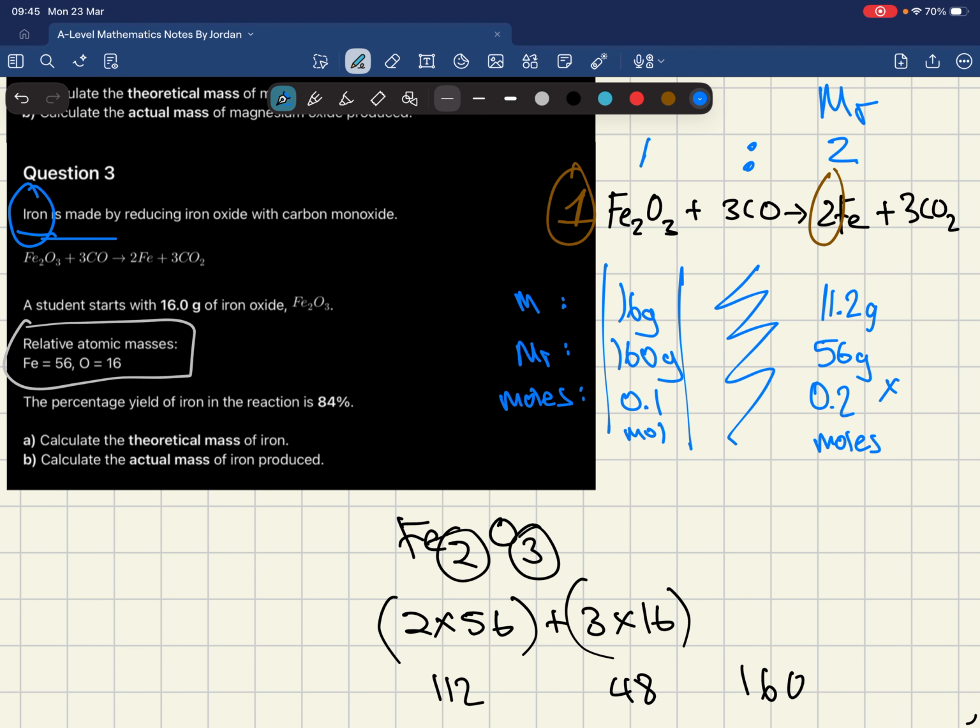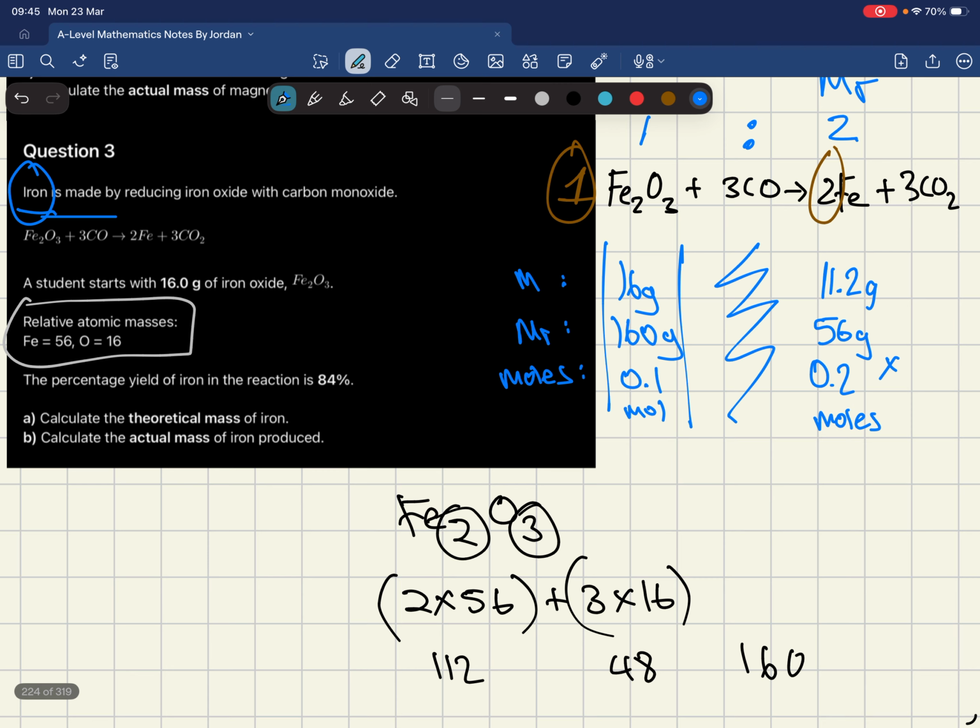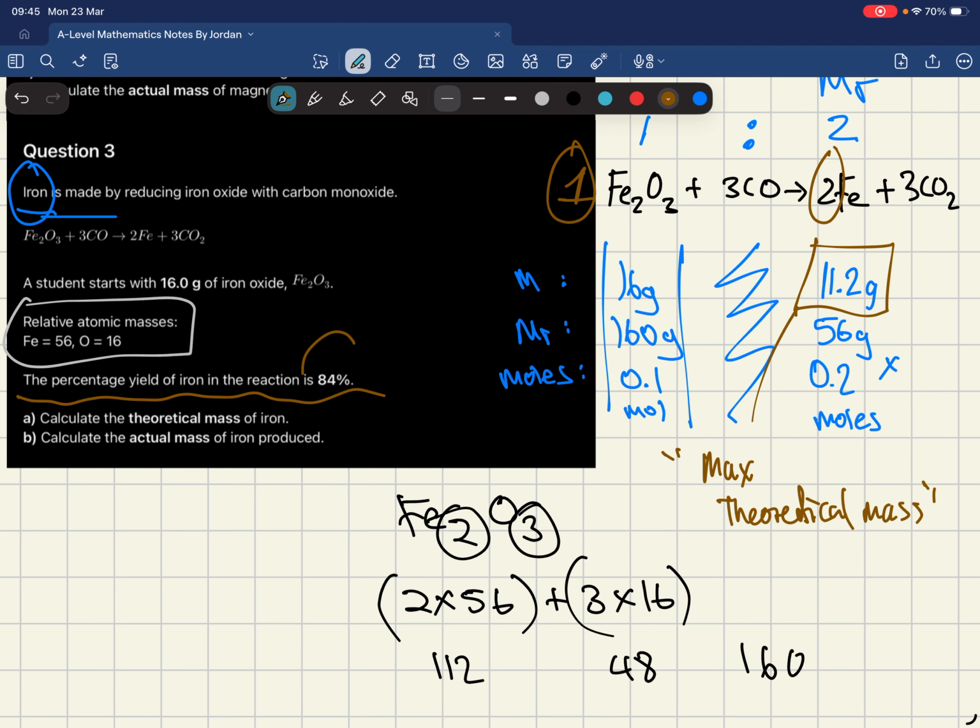So that is actually the maximum theoretical mass. Think of it like that. That's what you'd expect from theory. But what it's actually saying is that the percentage yield is 84%.